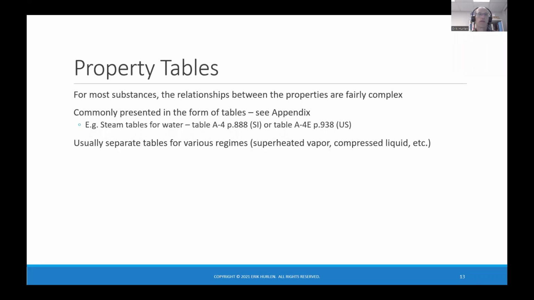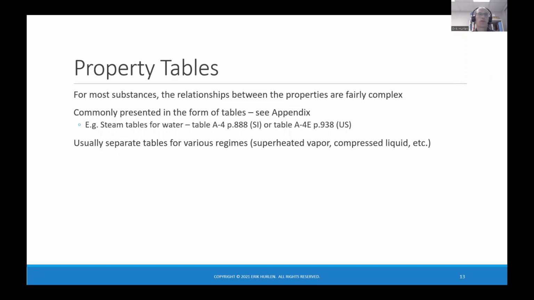Another option, if you don't like these property graphs, is property tables. This is the same data, but in tabular form as opposed to graphical form. These tables contain the values of temperatures, pressures, and specific volumes for various conditions, as well as some other quantities such as internal energy, along with some others we will see later.